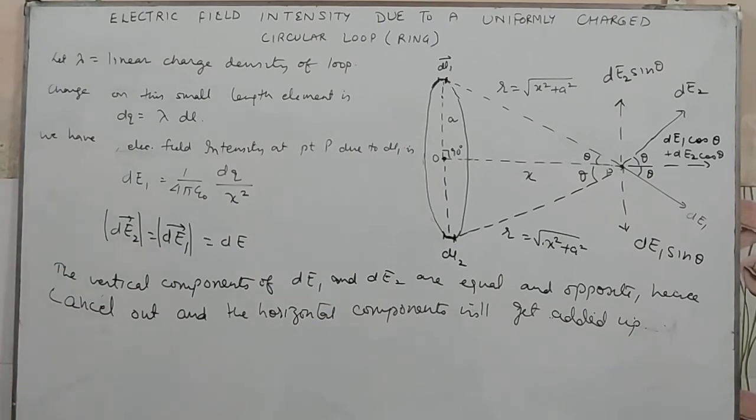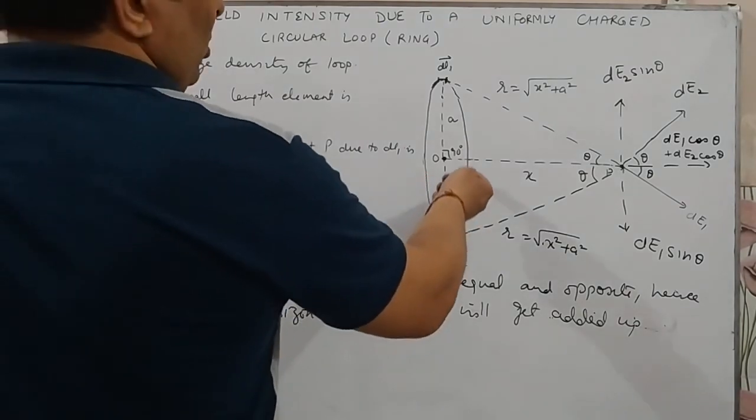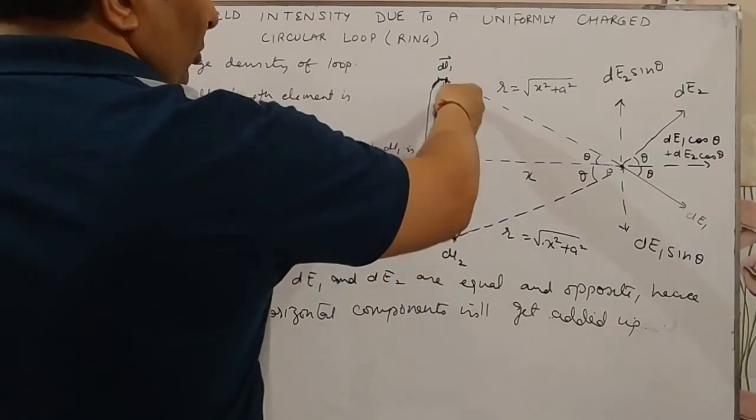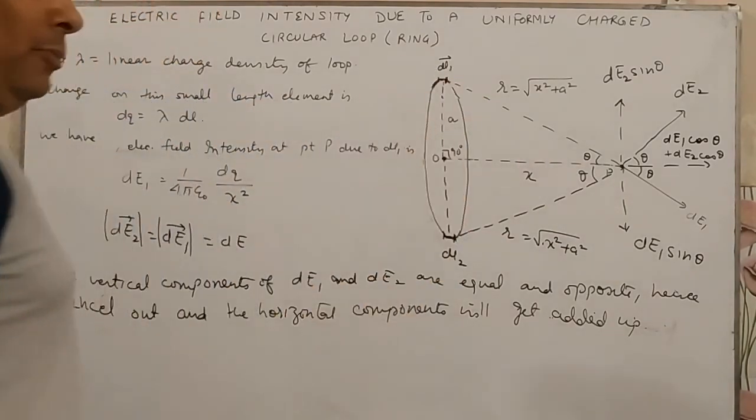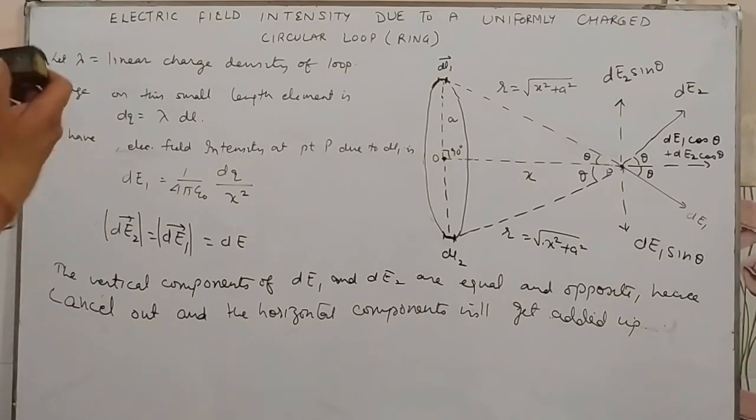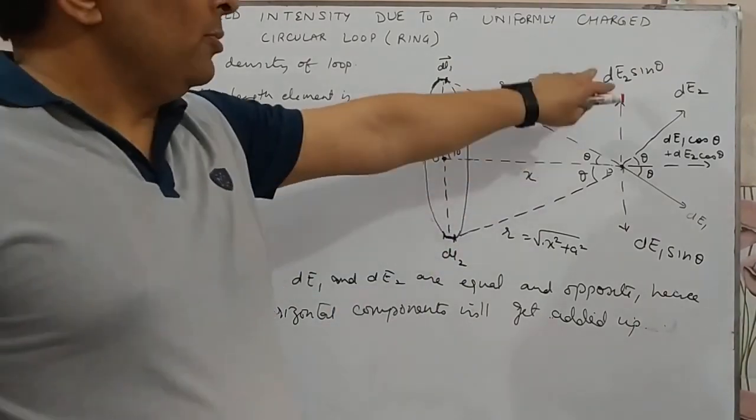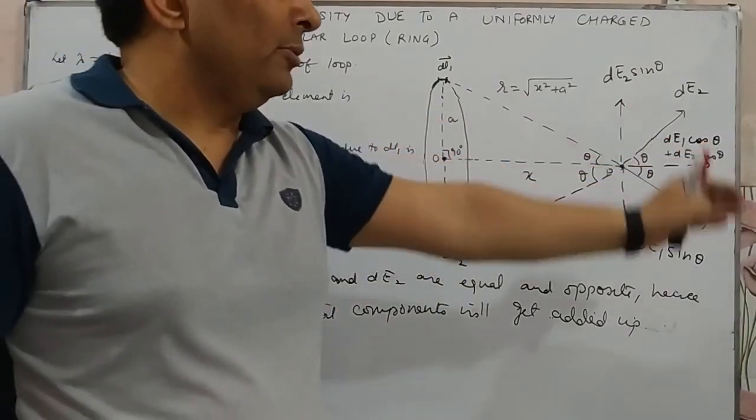So if we assume that we have considered all the electric field intensities due to all the elements on this loop, then in all these cases the vertical components will get cancelled out and the horizontal components will get added up.